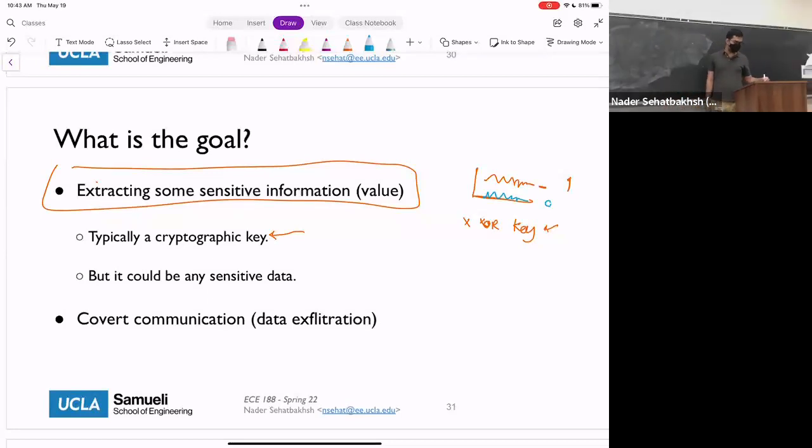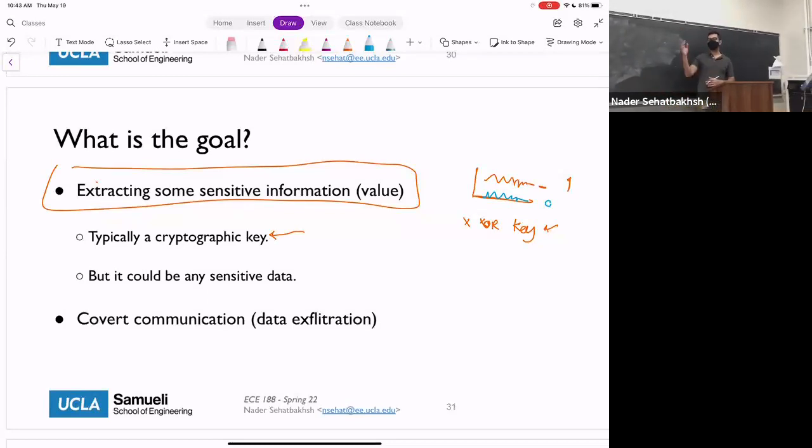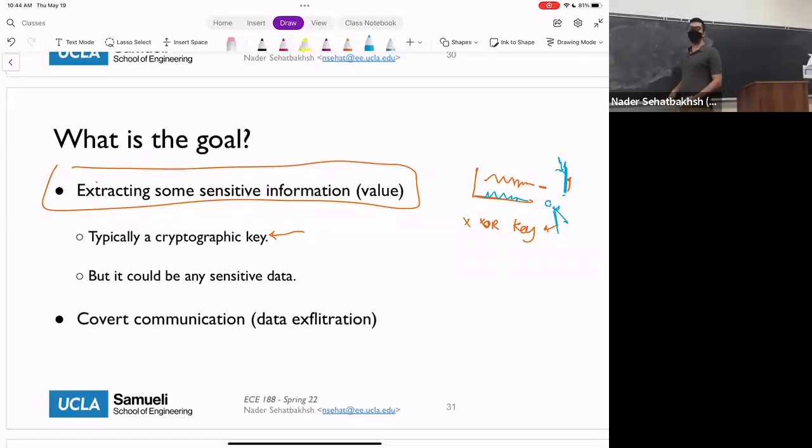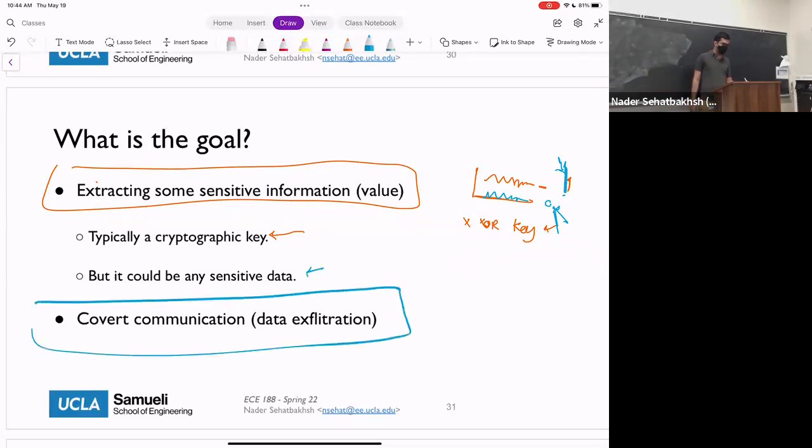So what will happen is that if I manage to measure the power consumption of this device, and be able to measure this XOR, this functional activity bit by bit, very easily I can tell whether the bit was equal to 1 or whether the bit was equal to 0. And that's going to be the way that an attacker is going to analyze the signals in order to extract this information. Okay?